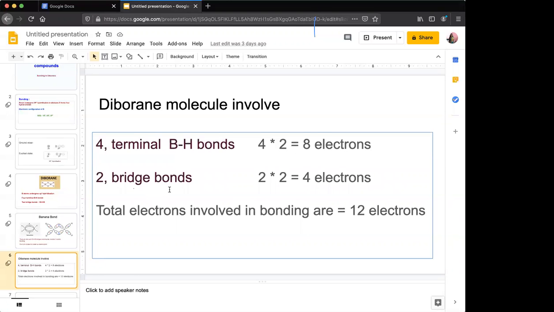There are 2 bridge bonds, and one bridge bond involves 2 electrons, so 2 multiplied by 2, 4 electrons. So the total electrons involved in the diboron molecule is 12 electrons, right? So 12 electrons are taking part in bond formation in the diboron molecule.